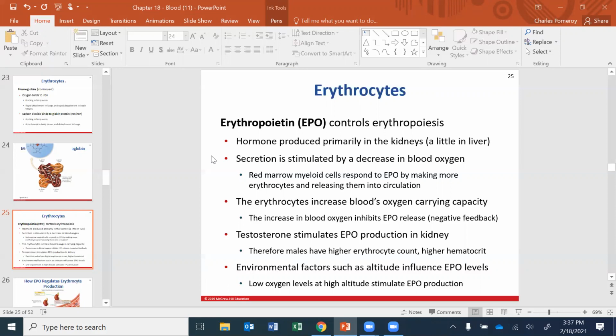So a lot of athletes will purposely train at high altitudes to raise their EPO levels and to raise their red blood cell percentage. Then they come back down to sea level where there's more oxygen for the actual event. And now they have more oxygen available, and they have more red blood cells to use that oxygen. So it makes them better at endurance.